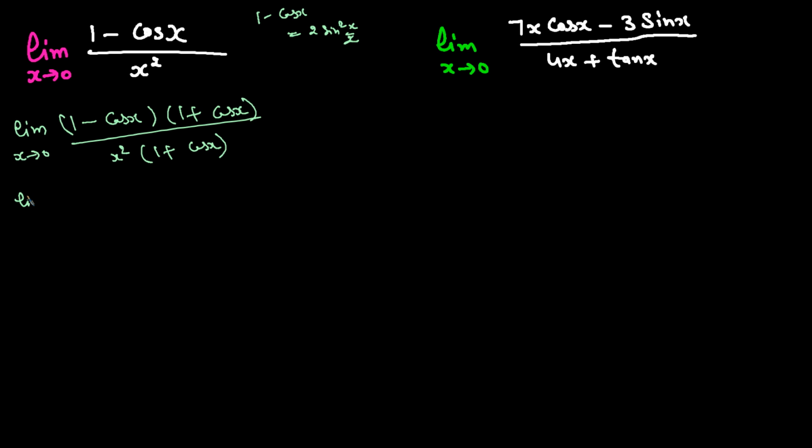And limit as x approaches 0. So a minus b times a plus b is equal to a square minus b square.